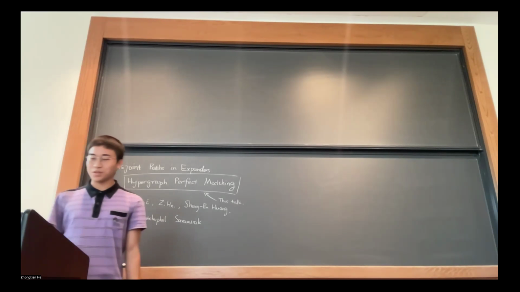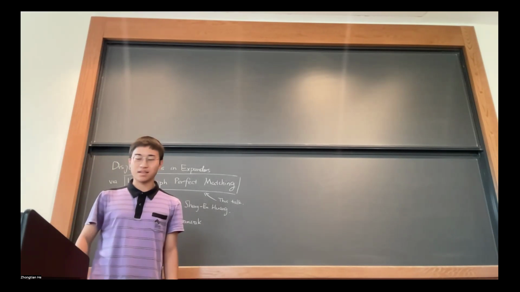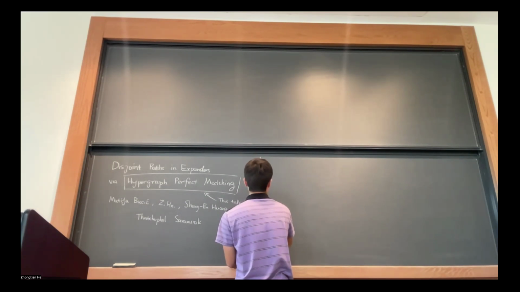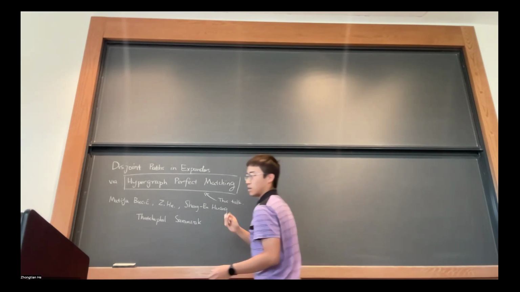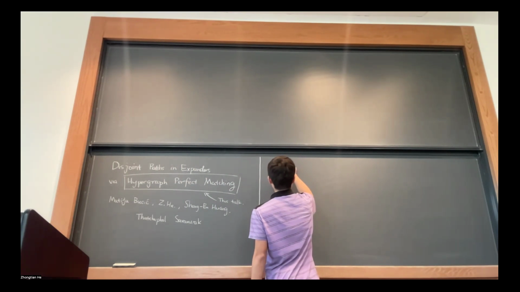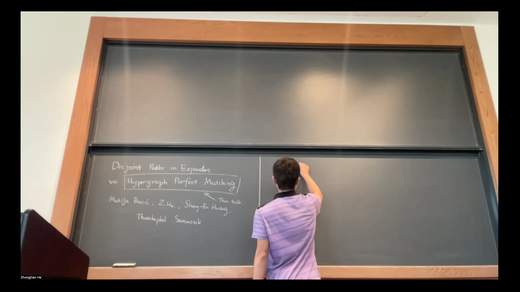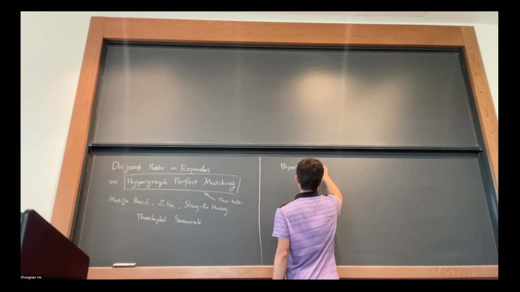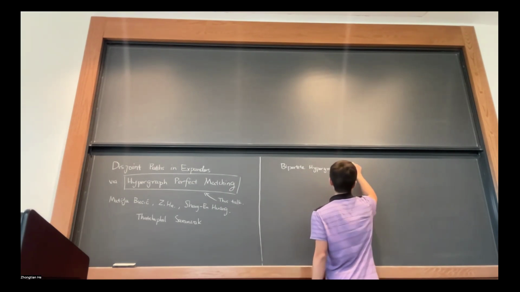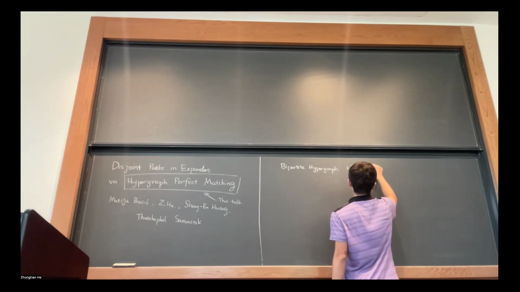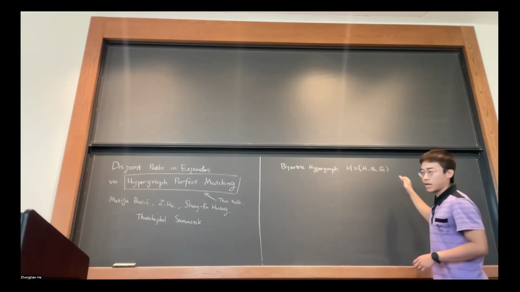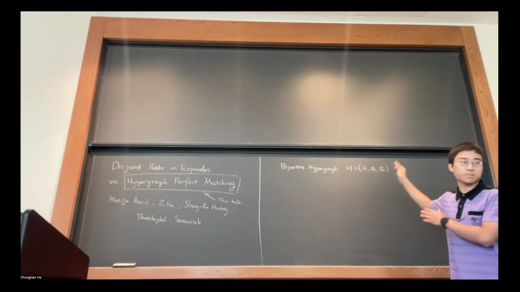So as I already motivated a little bit, let's directly go to the setting of hypergraph perfect matching. Let me define what a bipartite hypergraph is. A bipartite hypergraph H consists of two parts: a set of vertices A on the left and a set of vertices B on the right.